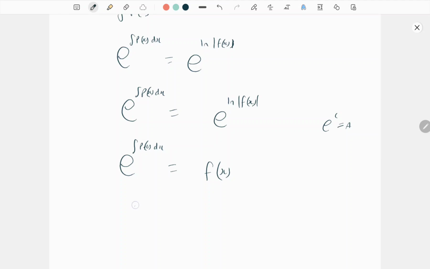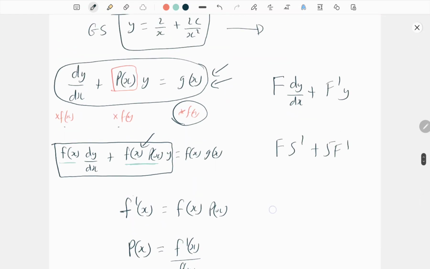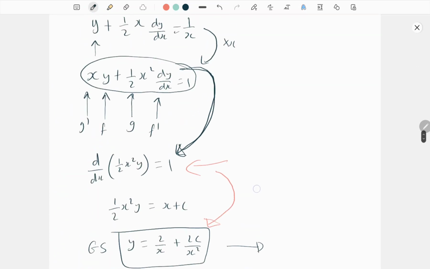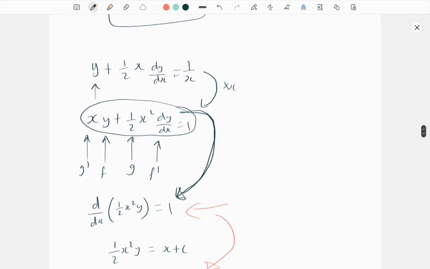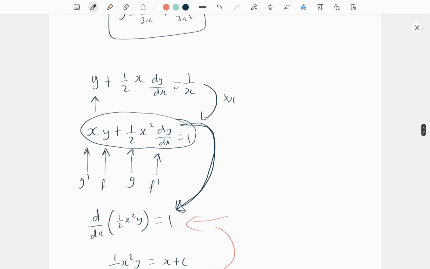So we found a way to get a function such that if we multiply our differential equation by it, the differential equation will become in the correct form to use a product rule in reverse, just like over here.